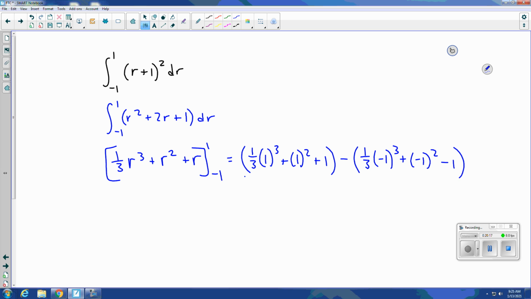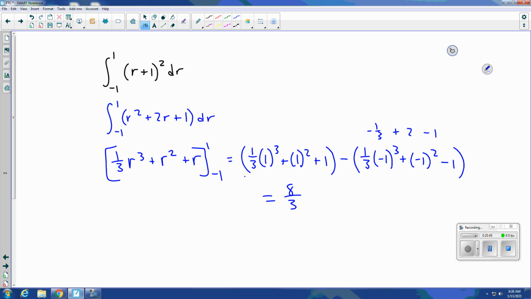So let's clean this up. We're going to have 1, so 2 and 1/3. So that's going to be 8/3. And then over here, we're going to have negative 1/3 plus 2 minus 1. So there we're going to have 1 and 2/3, which is 5/3 minus 3/3, which is 2/3.